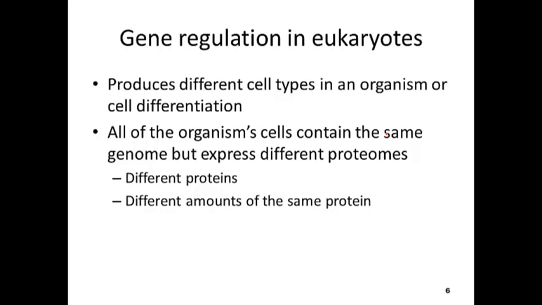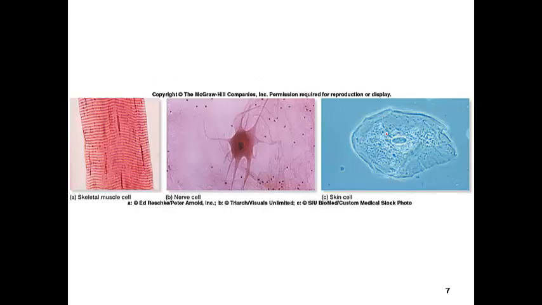Because as we've established, the same genome in those many cell types does not ultimately produce the same proteomes, because there are different identities of proteins made and differing amounts of that same protein. That's what allows a heart cell to function so differently than a nerve cell. It's not the genome, it's the proteome.